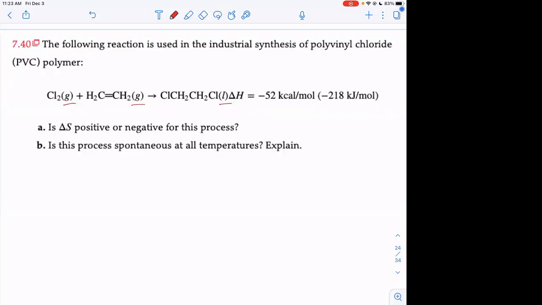So delta S here is negative. We're not becoming more disordered, we're becoming less disordered.